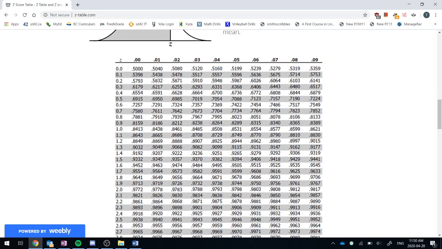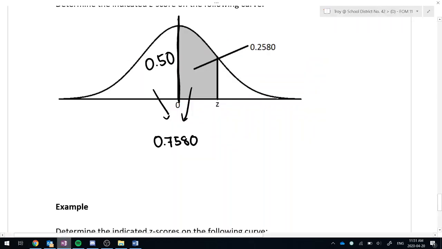Okay, so it's going to be positive 0.7. So we know that's 0.7 standard deviations away from the mean. That's it. Okay, so I hope you guys understand what I mean when I say some of these questions can be a little tricky. You have to kind of be clever with them.